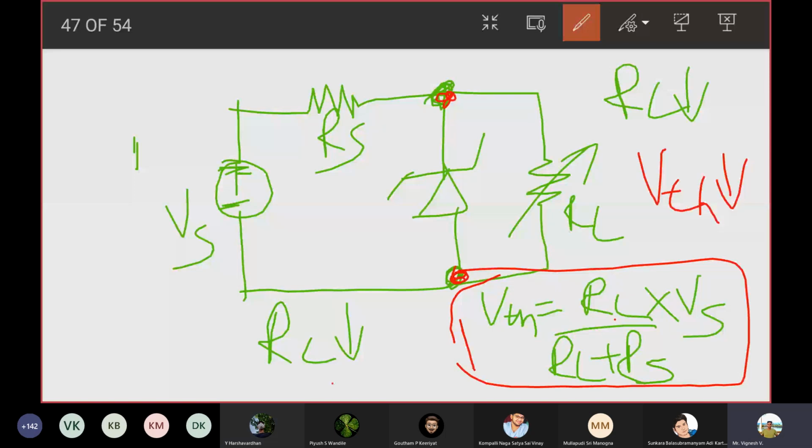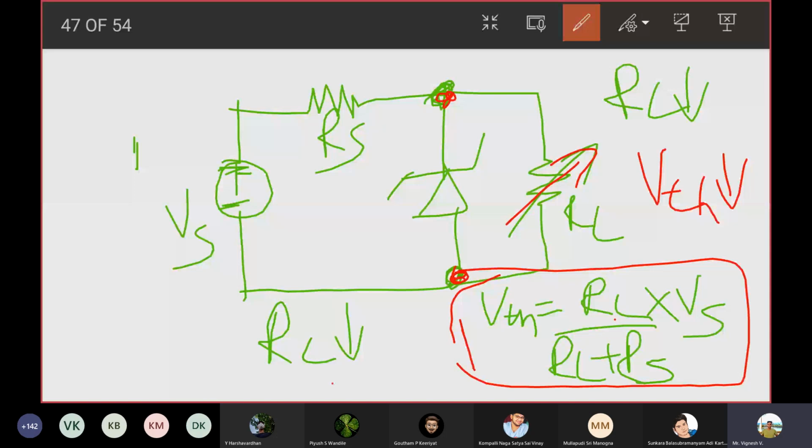So whenever you have a variable resistor here, it is very important to know what is the minimum value of RL that you can have. How can you find out the minimum value of RL? Minimum value of RL is when VTH equals VZ, right?